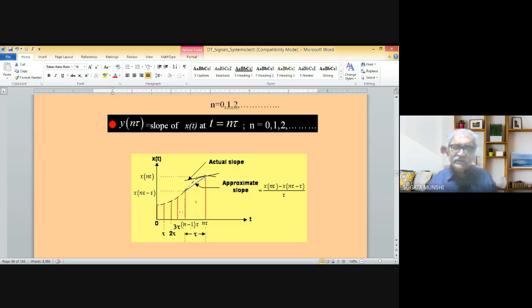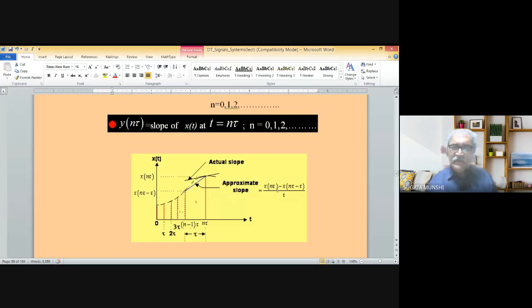What will be the slope of this blue straight line? Just see here, this value is x n tau. This value is x n tau minus tau. So the difference between those two divided by tau is the approximate slope.